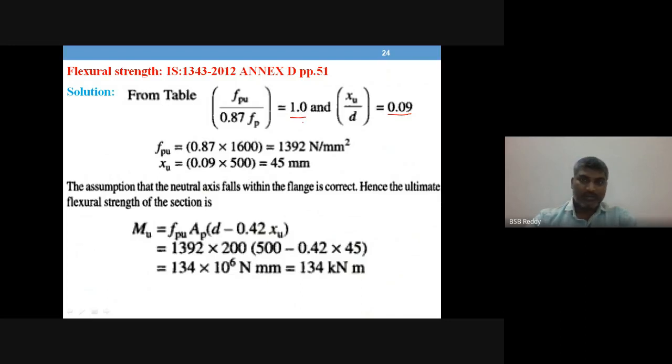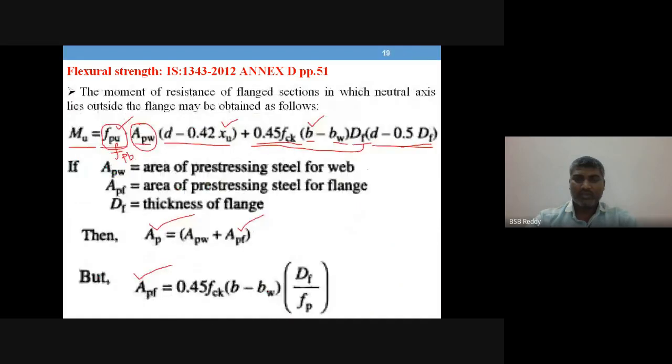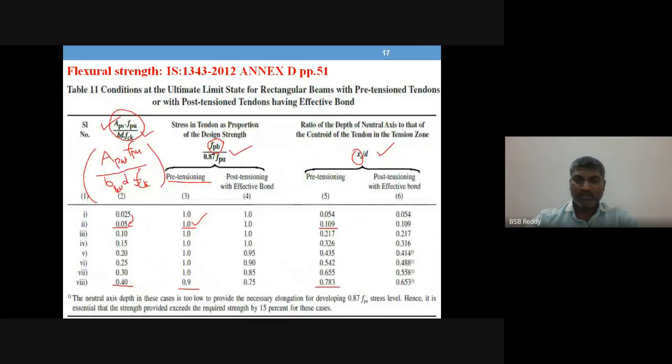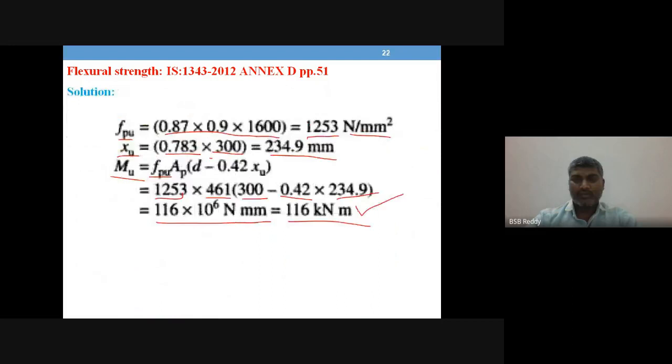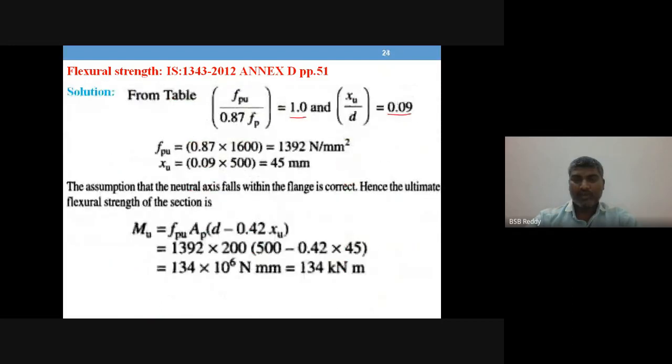Right, so there is a mistake in the textbook reading. It is 1.09, I think, table 11, 0.109. Okay, 0.109. Right, so accordingly change that value to 0.109. That is the mistake here.